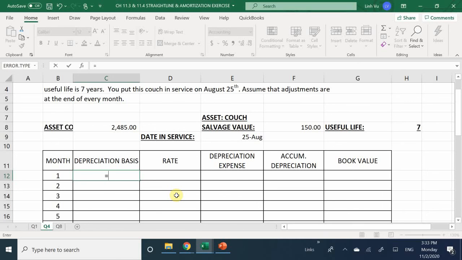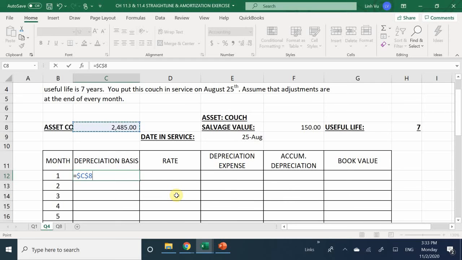Well, let's just take it one step at a time because you don't really need to adjust that until you hit the depreciation expense. Okay, so what is my depreciation basis? Well, it's the total asset amount, right?